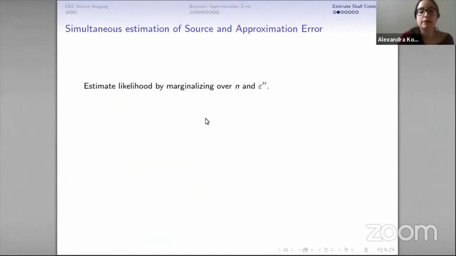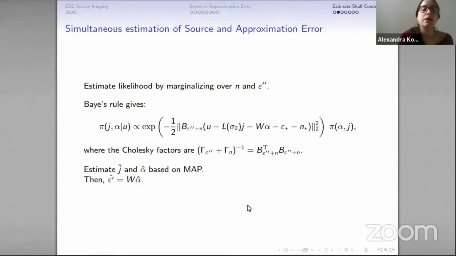What we did next is what also goes in that nice paper. We estimate the likelihood by marginalizing over only the noise and the nuisance approximation error term. So we got something like that. Our likelihood had this form.